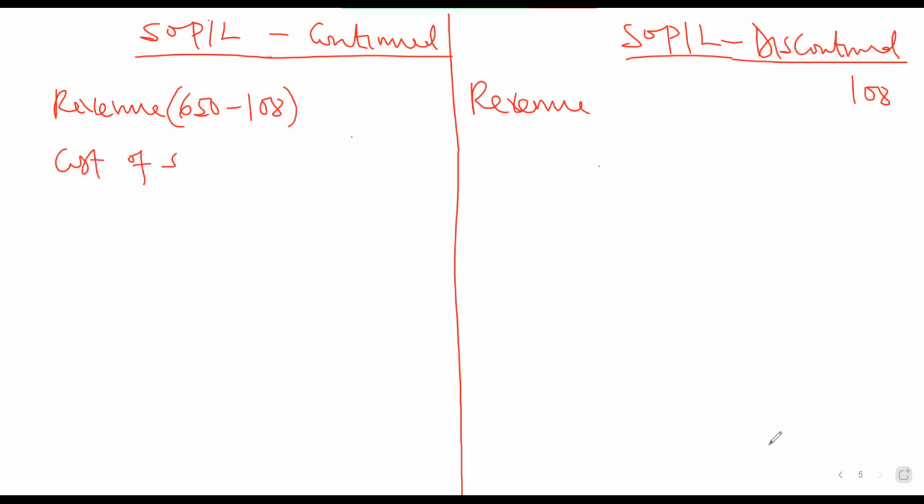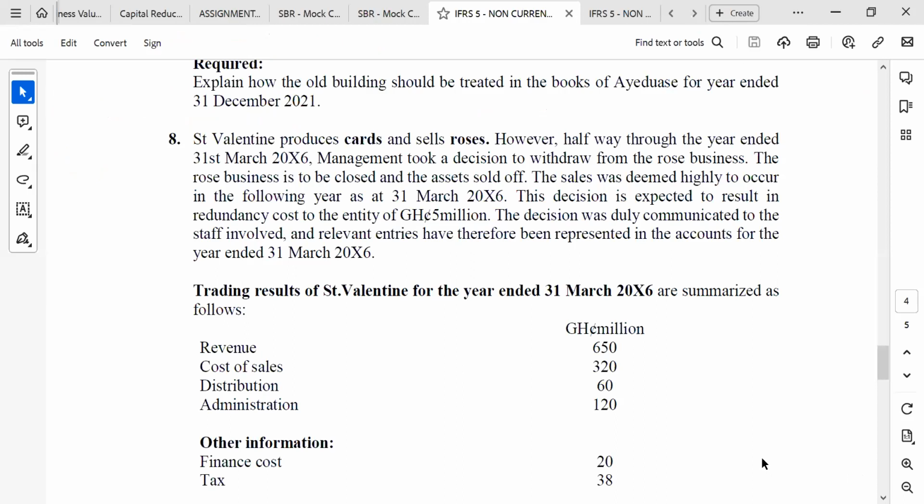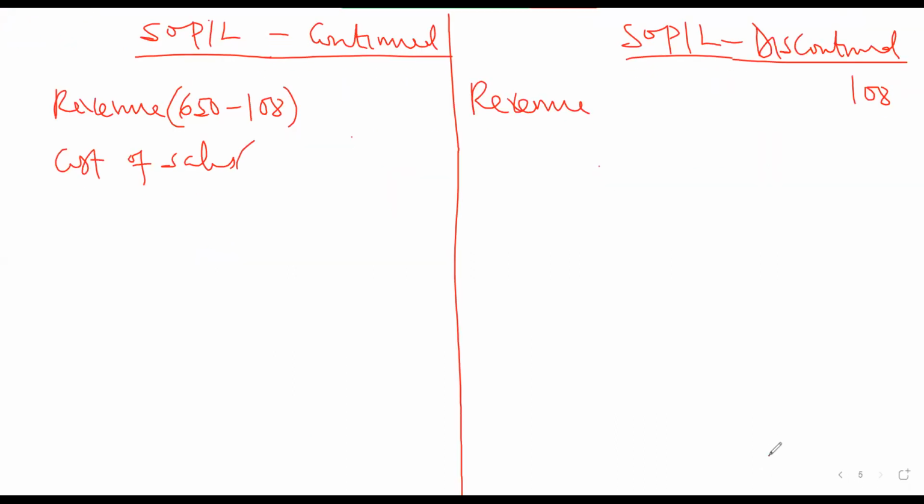Okay, let's come to their cost of sales. The cost of sales will still follow the same principle, where we take the half of that, then we multiply the half by 1/3. So we are going to be having half of 320 multiplied by 1/3.